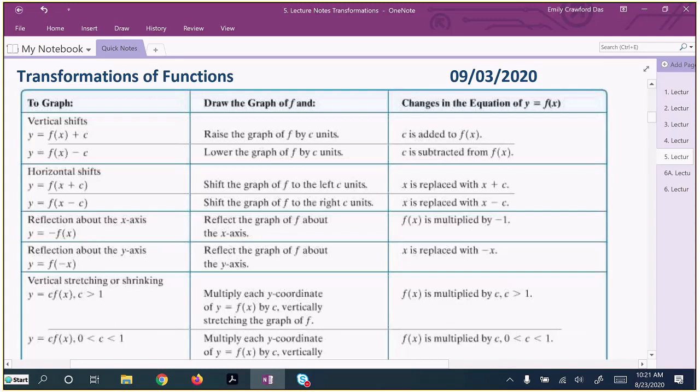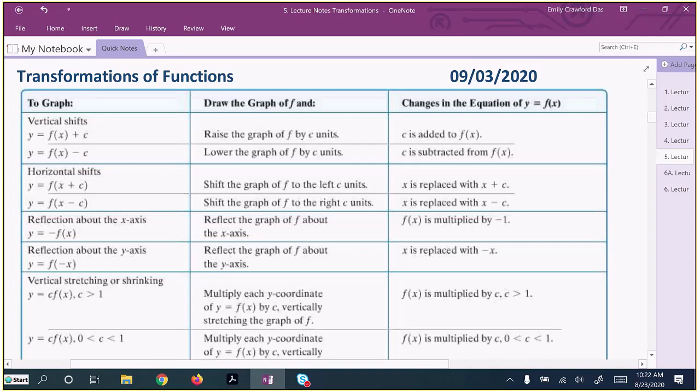Well, it's actually going to be changing the y-coordinates, and that makes sense because the y-axis is our vertical axis, so a vertical shift is affecting our y-coordinate. And how will we recognize it? Well, you'd have something like y is equal to f of x plus some constant c, or y is equal to f of x minus some constant c.